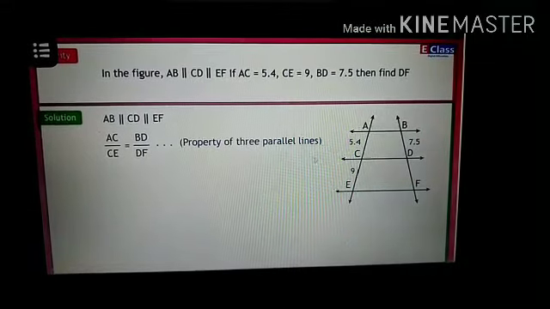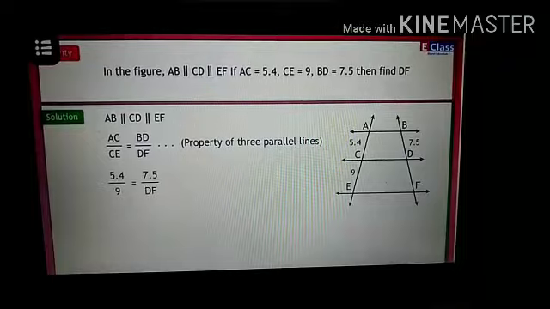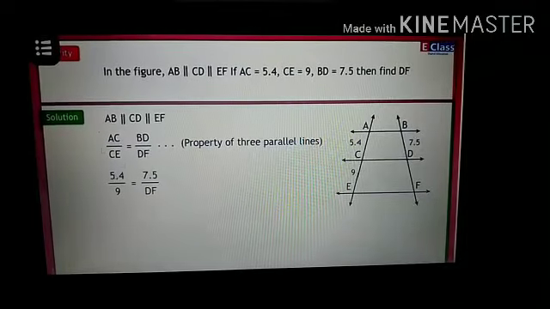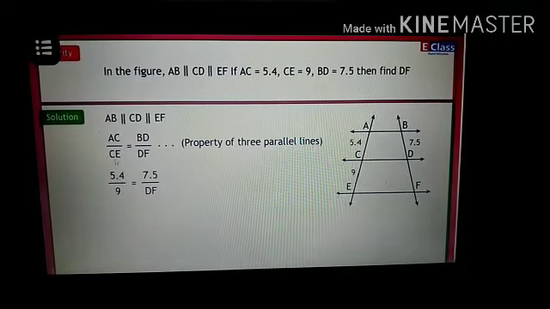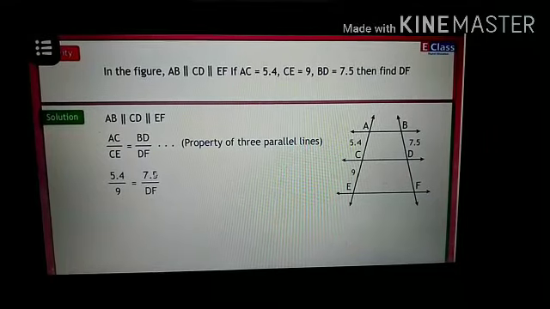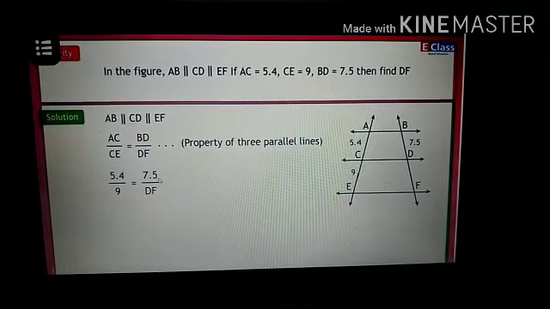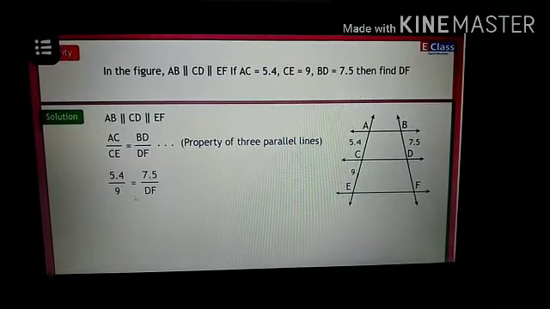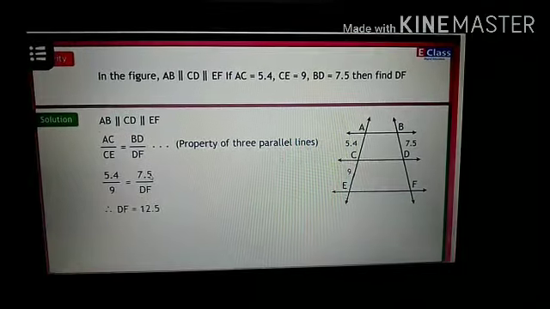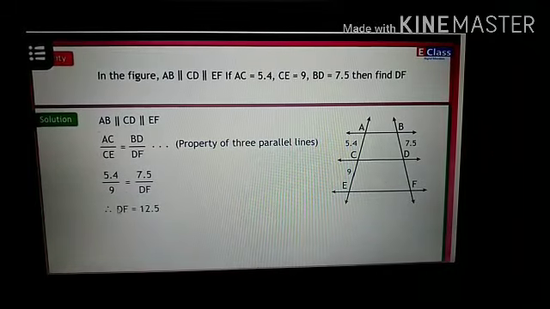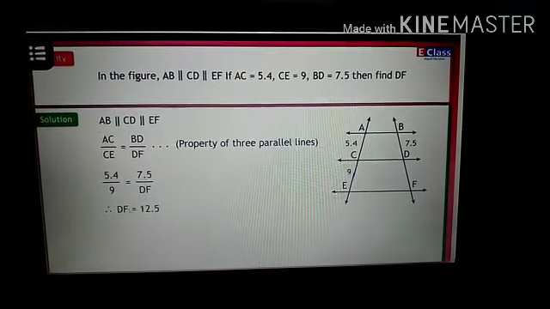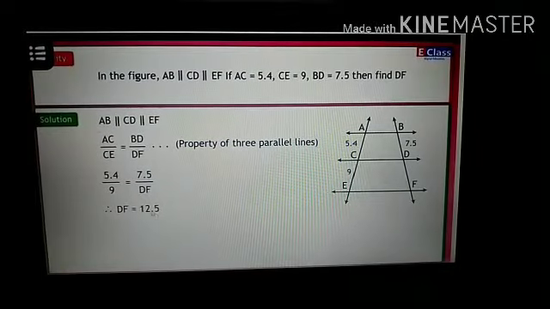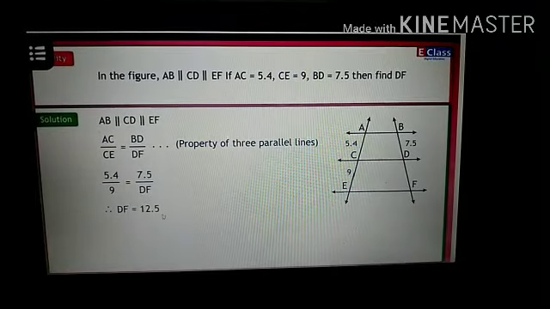Now substitute the known values. In place of AC I write 5.4, CE I write 9, is equal to BD is 7.5 upon DF, which is the unknown value. Now let us cross multiply. When we cross multiply, we get DF is equal to 12.5.